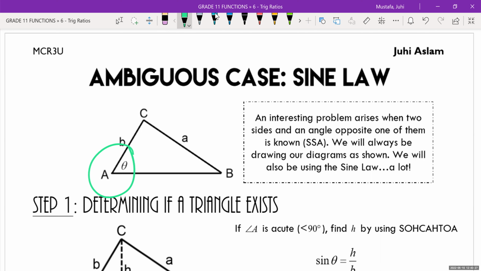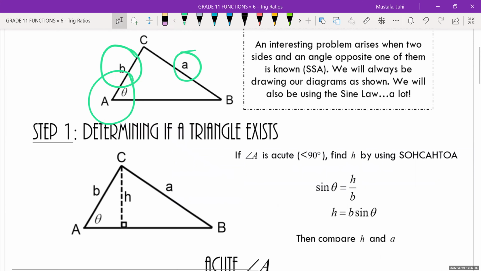Then we put the side length across from it, and these two will always be given. The other side length that will be given to us, we will always draw in this position. So we're going to mimic this diagram, and we will make sure we're very consistent and always drawing this. Okay, so step number one is determine if a triangle exists at all.